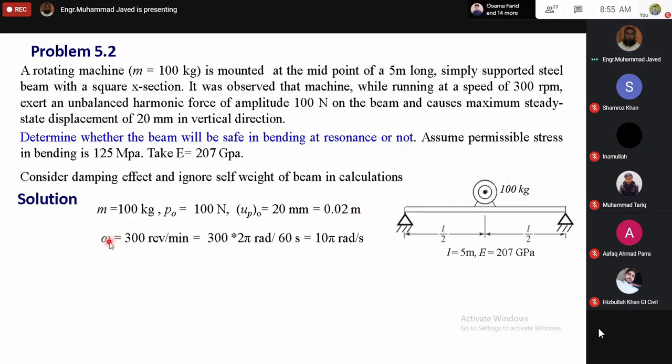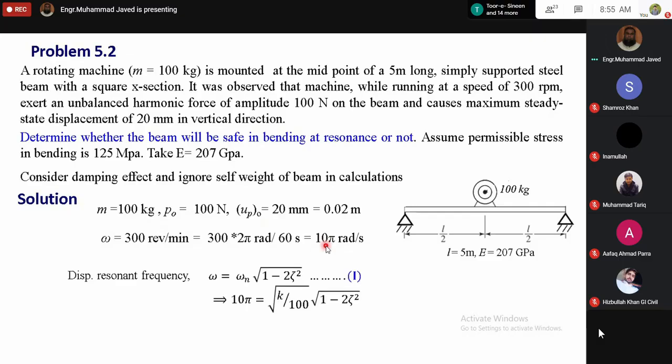And angular velocity is 300 revolution per minute. One revolution is 2 pi radian, 1 minute is 60 seconds. So in radian per second it will be 10 pi. Now the expression for displacement resonant frequency is omega is equal to omega n into square root of 1 minus 2 zeta square.